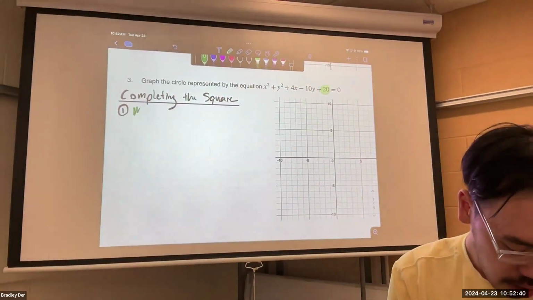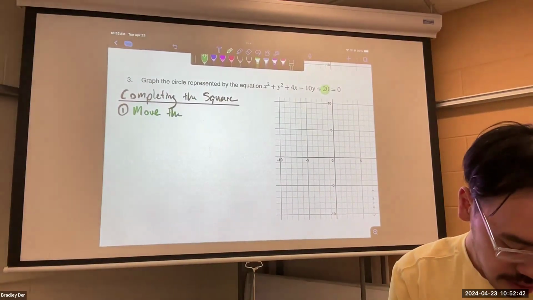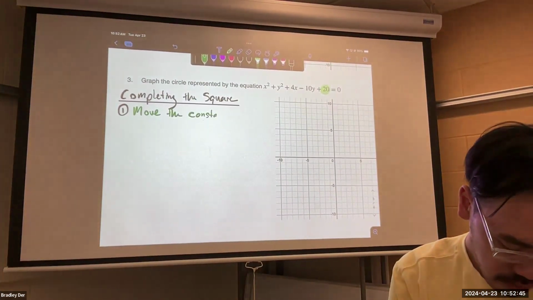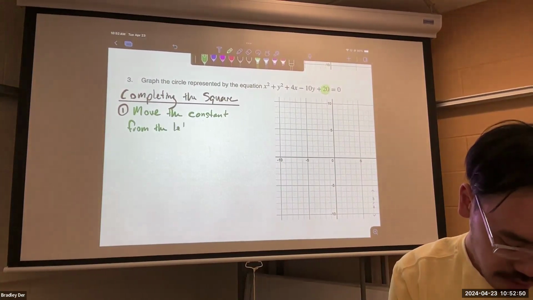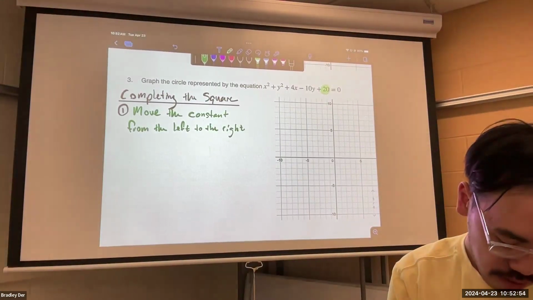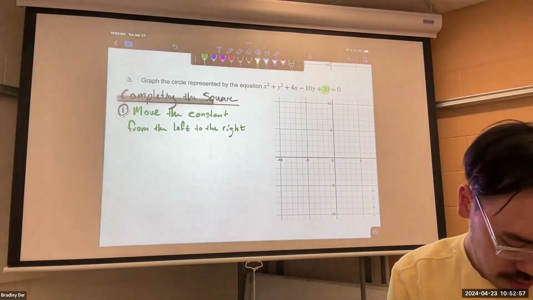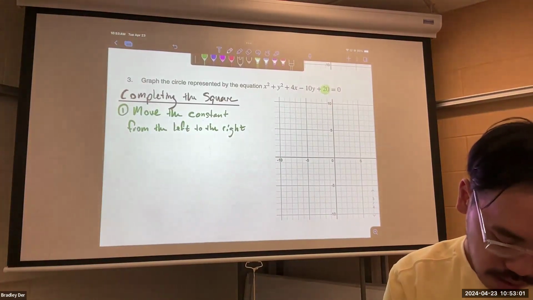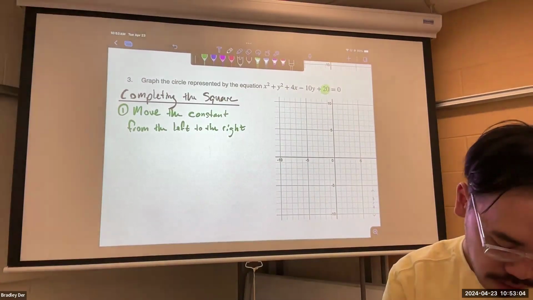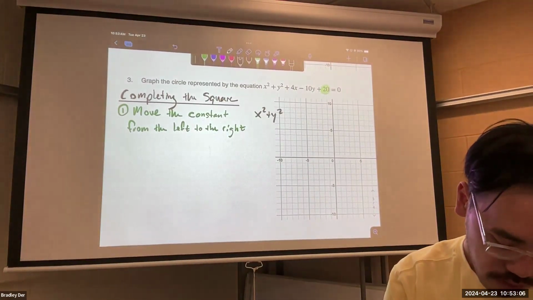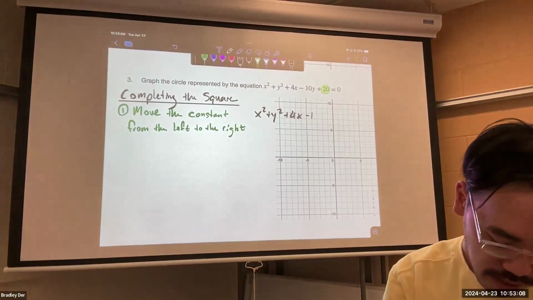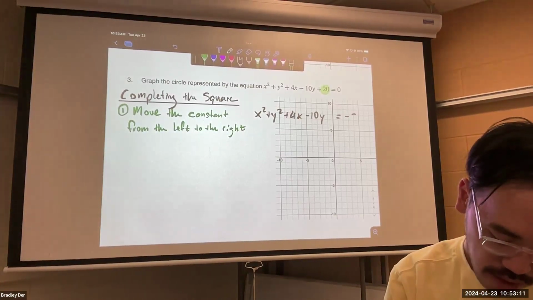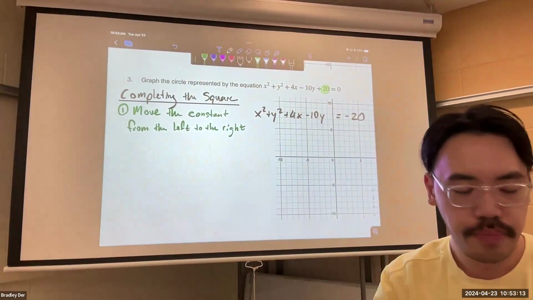So here that would mean we have x squared plus y squared plus 4x minus 10y is equal to -20, just subtracting 20 from the left to the right.